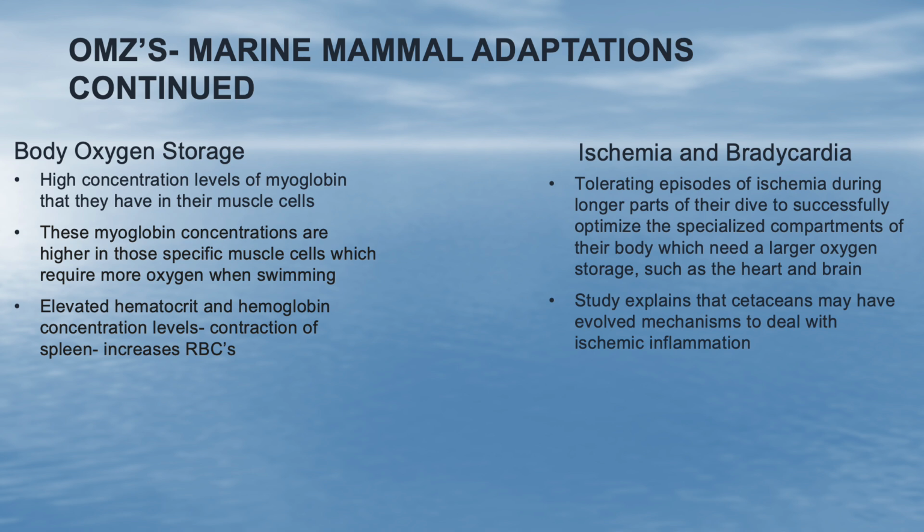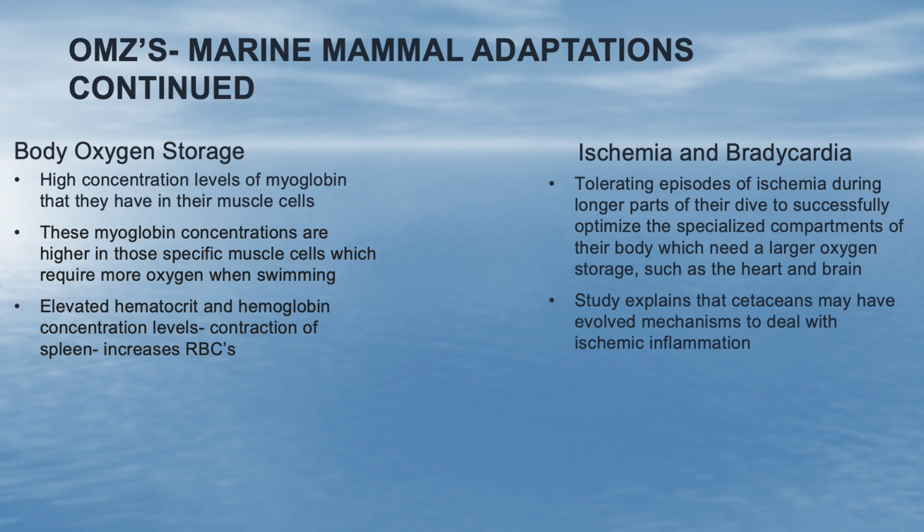It also explains that increased myoglobin concentrations help increase the volume density of mitochondria, which increases the diffusing capacity of skeletal muscles and allows for increased aerobic respiration even under these conditions, allowing pinnipeds to survive under extremely hypoxic conditions in these oxygen minimum zones. These myoglobin concentrations are higher in the specific muscle cells that require more oxygen during swimming, which is going to be shown in the next slide.